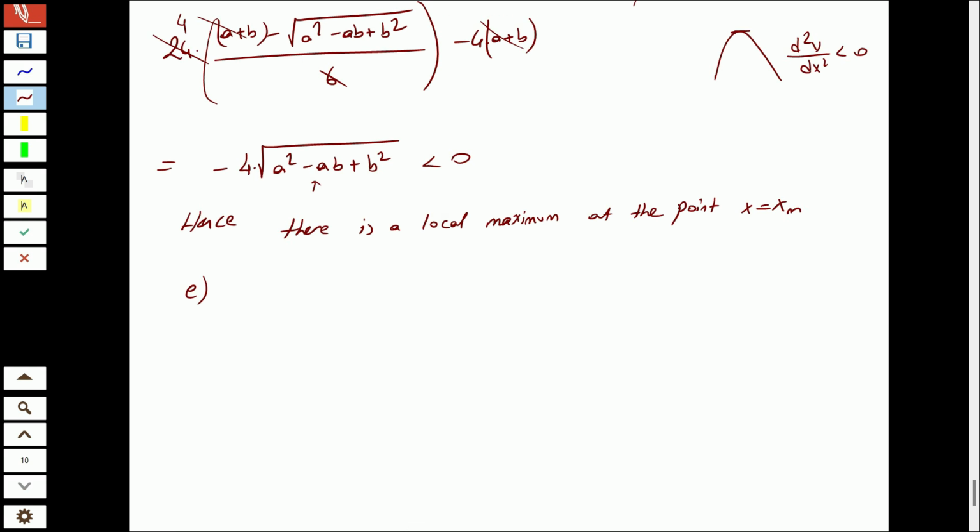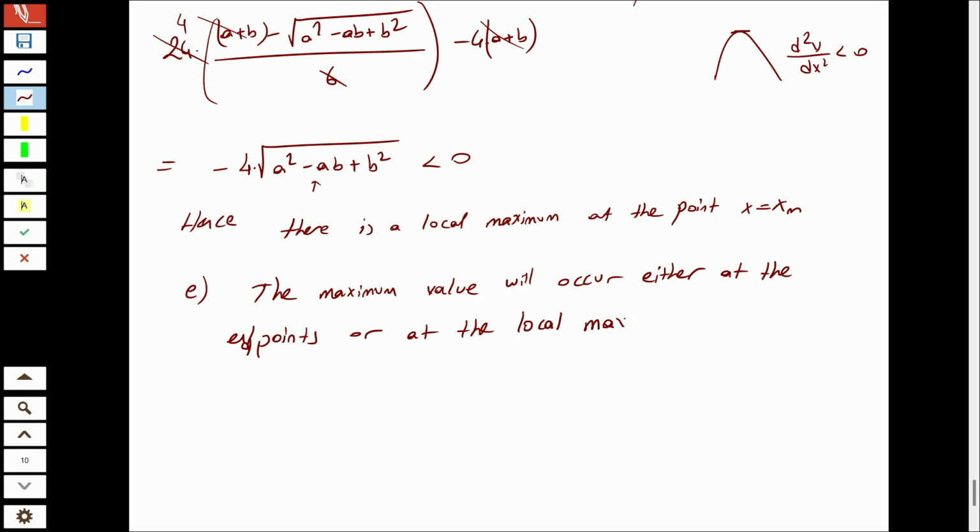The maximum value will occur either at endpoints or at a local maximum point.